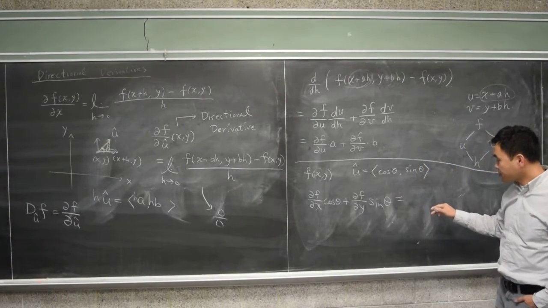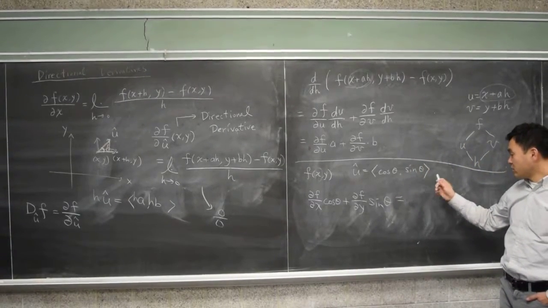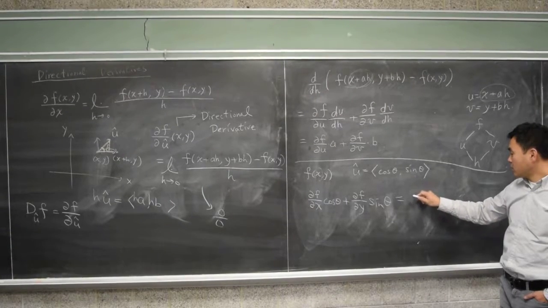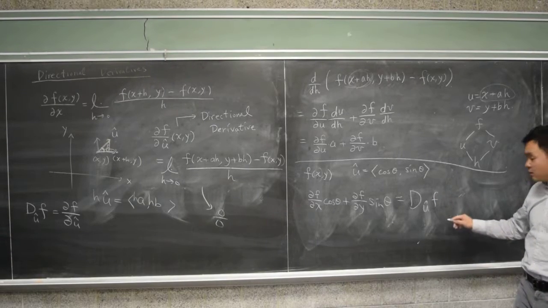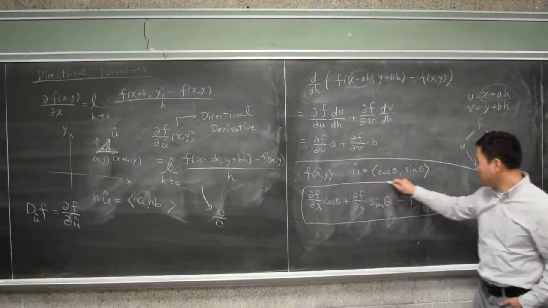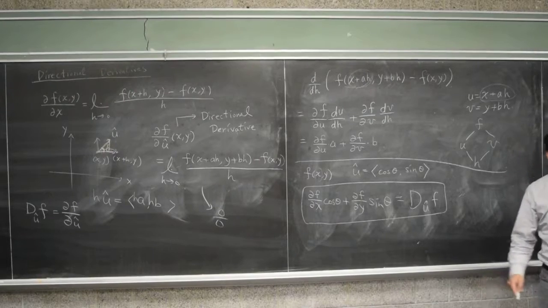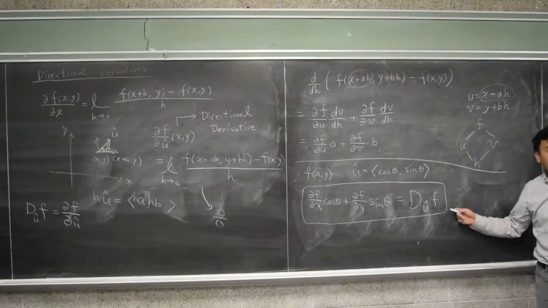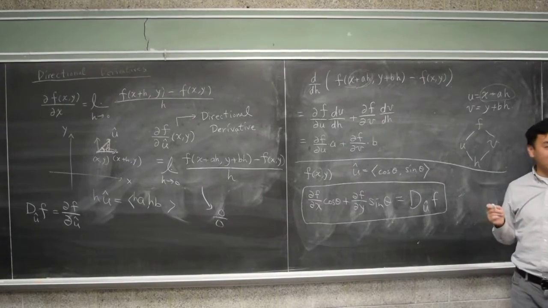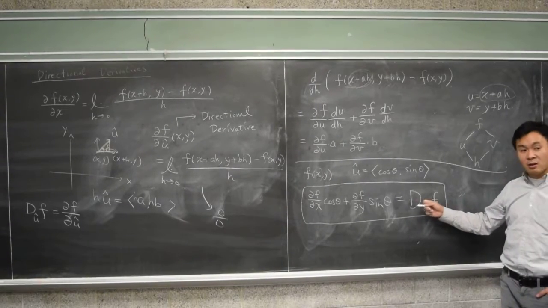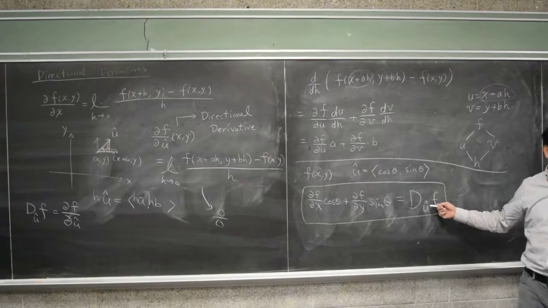So that is the formula that we will temporarily be using for our directional derivative. I'm saying it's temporary because soon I'm going to introduce to you gradients, and using gradients you can represent the directional derivative in a much easier way.